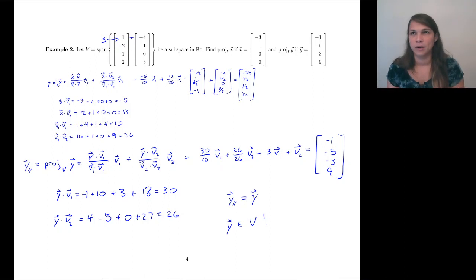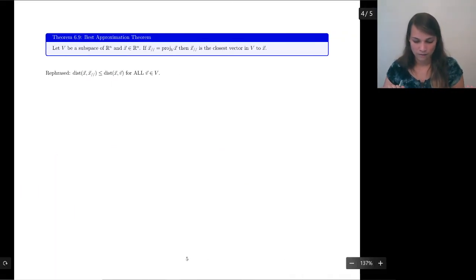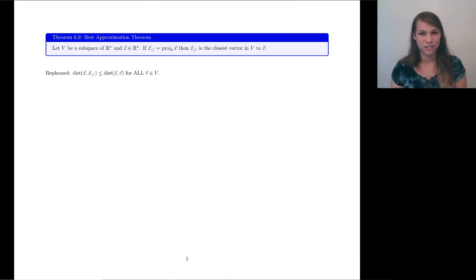So why are we so interested in these projections though? It's because the distance between the projection and the actual vector, these guys are the closest. So if you look everywhere on the subspace, that projection is going to be the closest you can get to the actual vector. In fact, so important, it's called the best approximation theorem.